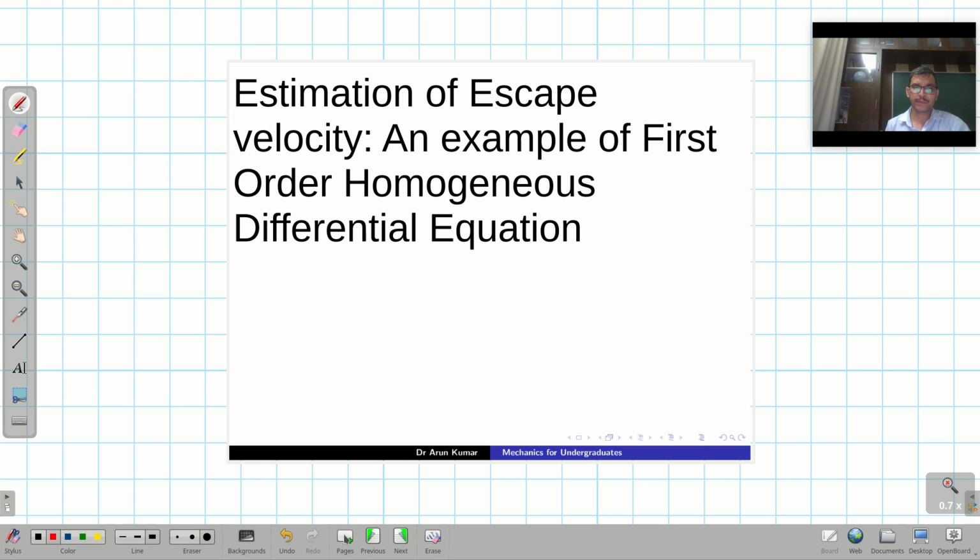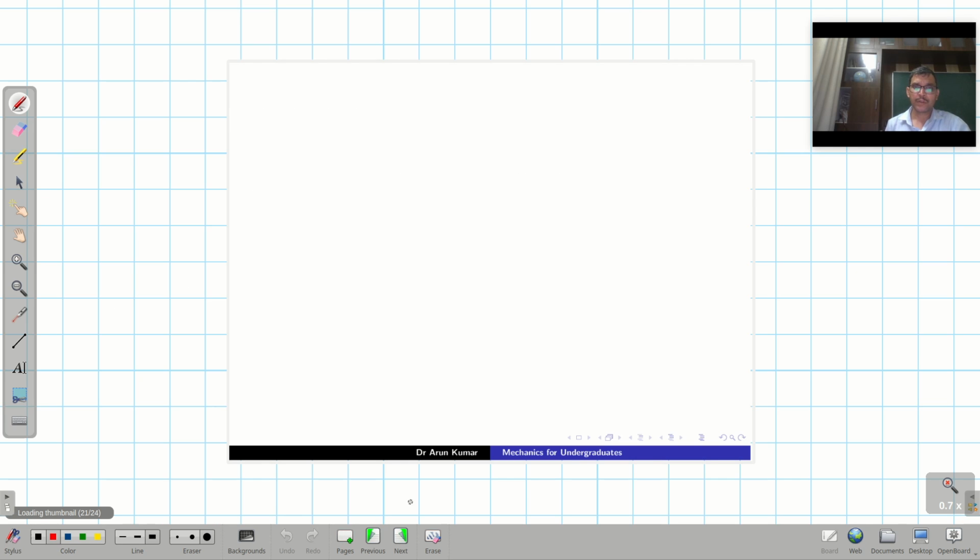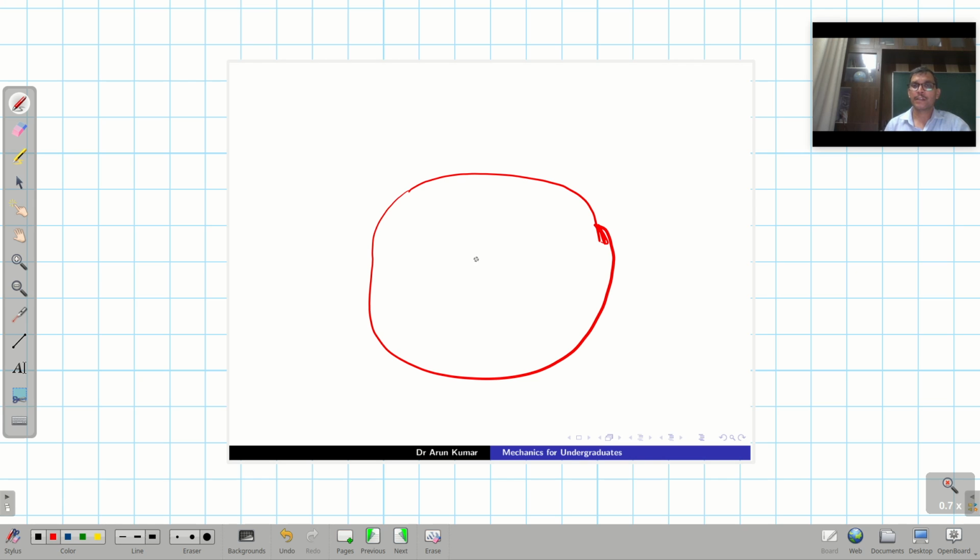Suppose we are on the earth, and say it is earth, and it is the center of earth, and say it is radius of earth R. Suppose an object is thrown from here in the upper direction, then with what velocity is it thrown so that it never comes back to earth?